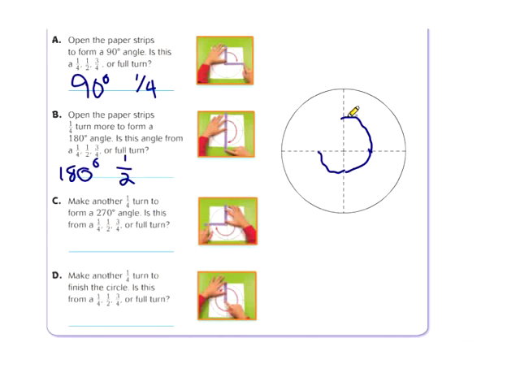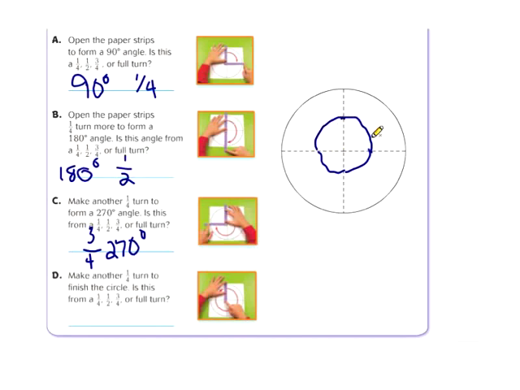And so we've gone 1/4, 1/4, 1/4, which would be 90 degrees, and plus 90 more would be 180. 90 more to that would be 270. So we have a 3/4 turn, which measures a 270 degree turn angle. And then the last one, we're going to finish the circle. We're going to go 1/4 more.